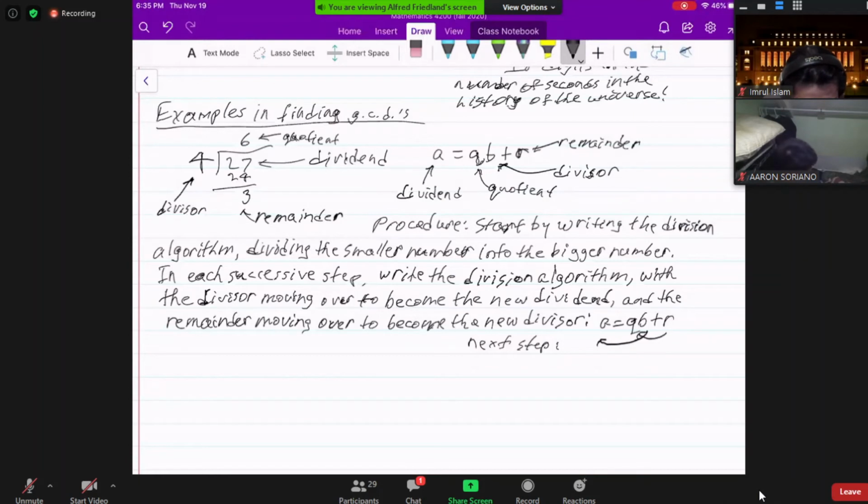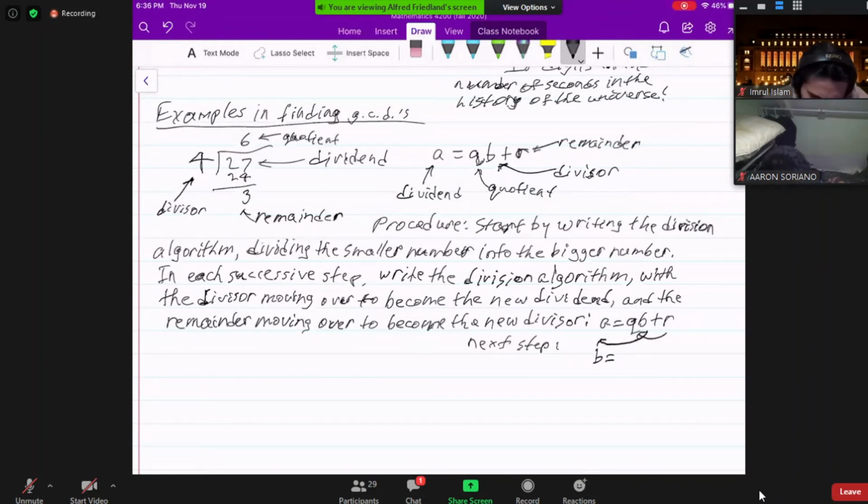So the next step here, and then we'll do a few numerical examples, but I just want to show you in general what we're doing. So we start by writing the division algorithm for A and B, divide the smaller of the two numbers into the bigger one. And then for the next step, instead of A being the dividend, we're going to make the previous divisor B into the new dividend, what you're dividing into. Again, look up where I wrote A equals QB plus R. So what you have on the left there is the dividend.